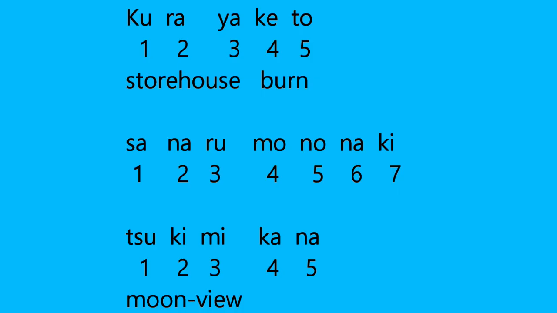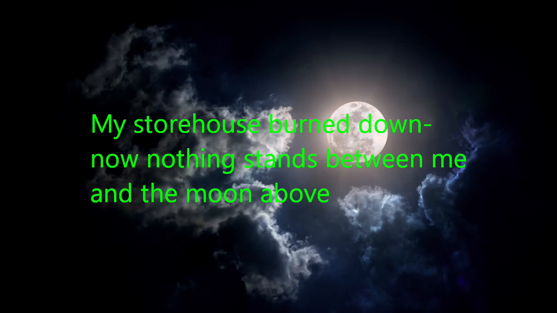And I'll throw up an example of how this works right here. And then I'll read you the alternate translation, because it looks kind of weird when you see it. My storehouse burned down. Now nothing stands between me and the moon above.